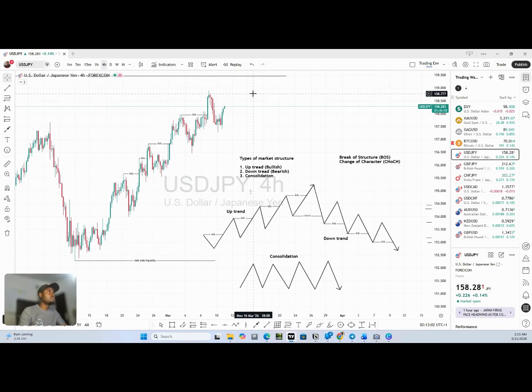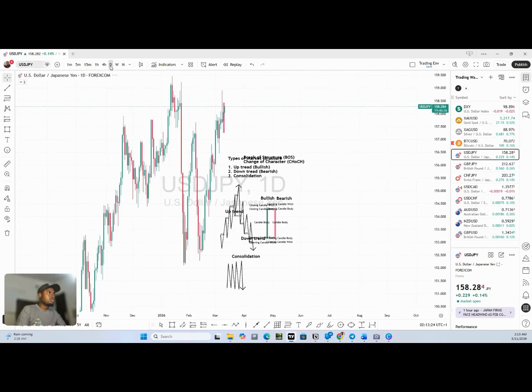I think it should be around six. I'm not sure, but it should be around six. So if you just mark six candles here and change the time frame to daily, you will see this red box become just one candle, as you can see. Daily, it represents daily activity.